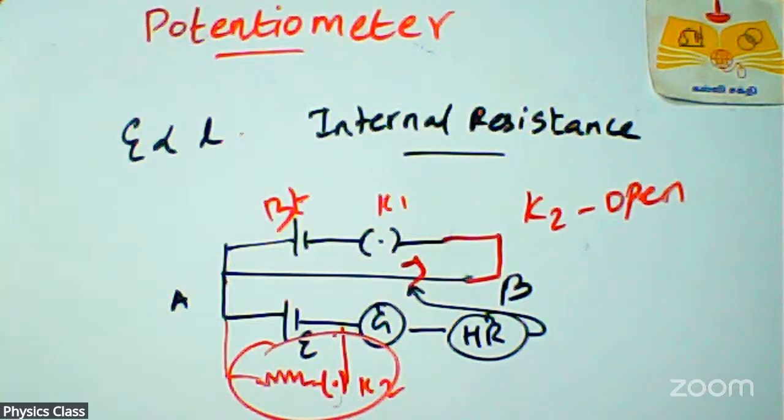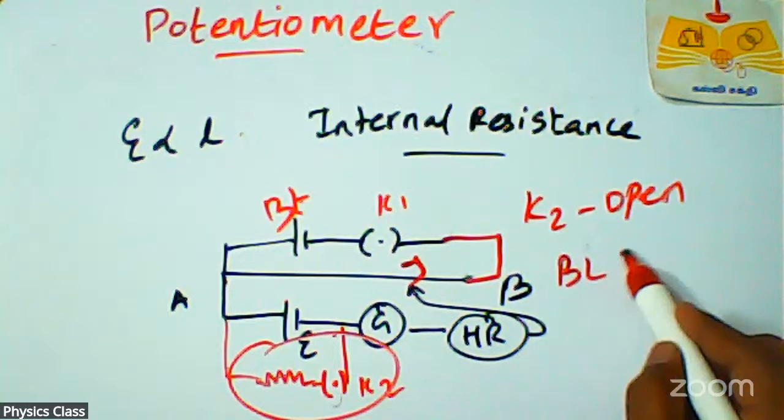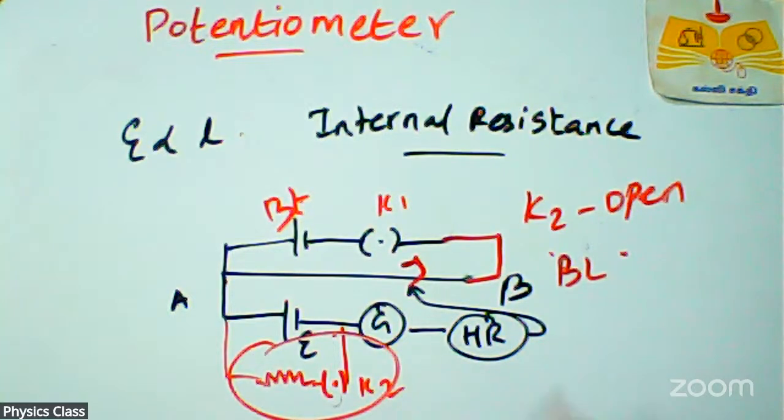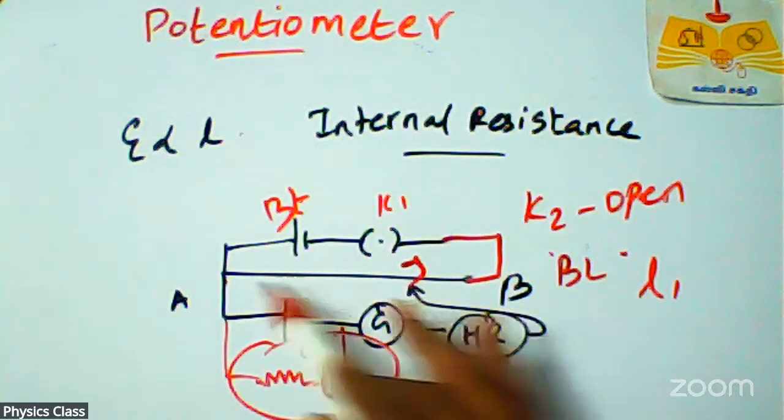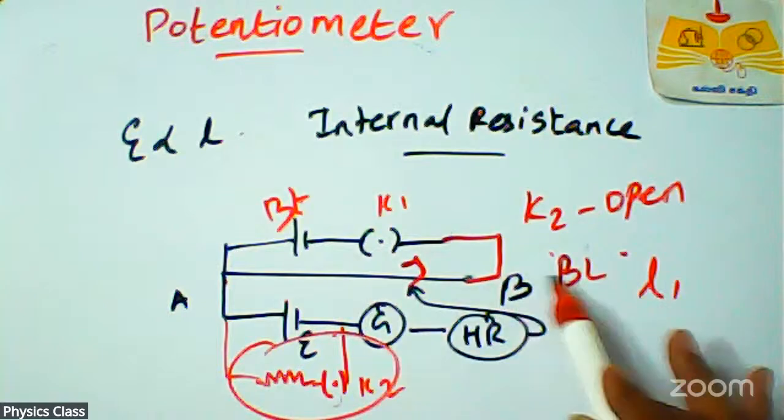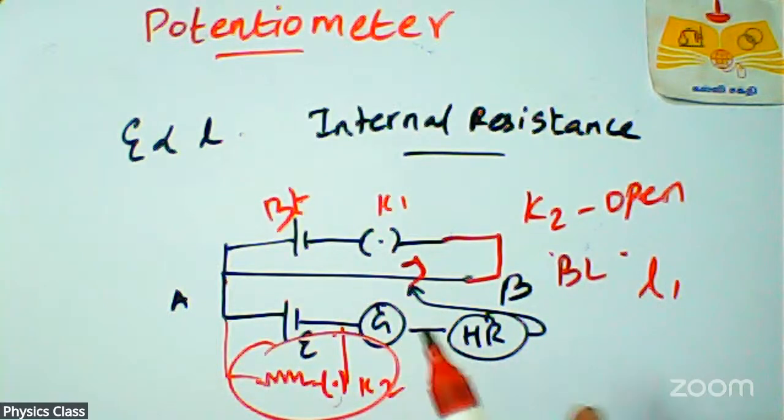Okay. With K2 open, the balancing length is to be determined. That balance length is denoted as L1. Because this circuit does not include the resistance box, you can do the same process. Connection made, and the jockey slides over that wire and shows zero deflection of the galvanometer. At that time, note that length, which is L1, the balancing length. Okay.